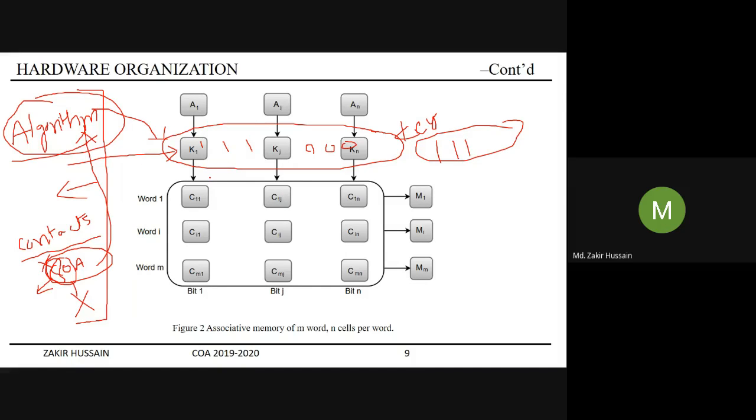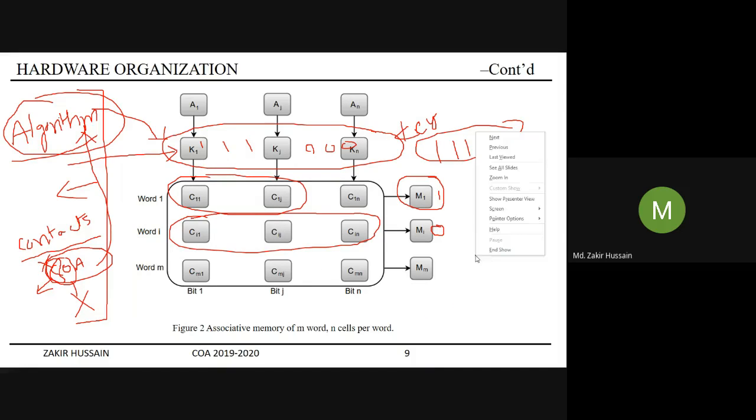Based on the set algorithm, if a match is taking place, then the corresponding bit in the match register will be set to 1. If there is no match at all, then this is set to 0. So that is what this figure is all about.